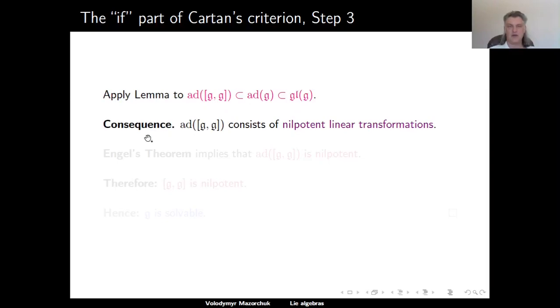Therefore, using the lemma, we deduce that the image of the derived algebra under the adjoint representation of G consists of nilpotent linear transformations.